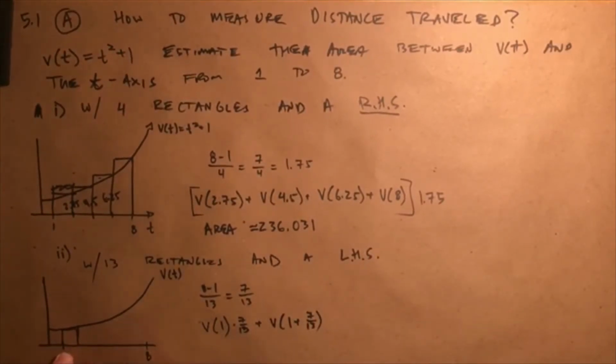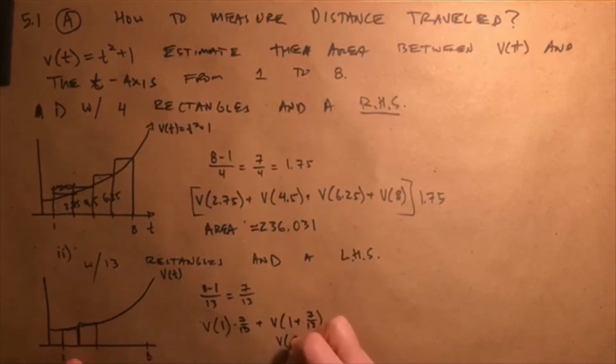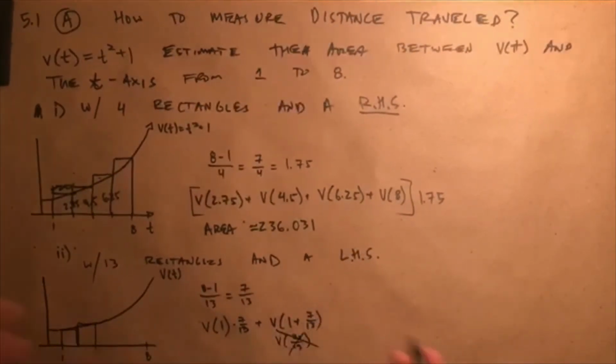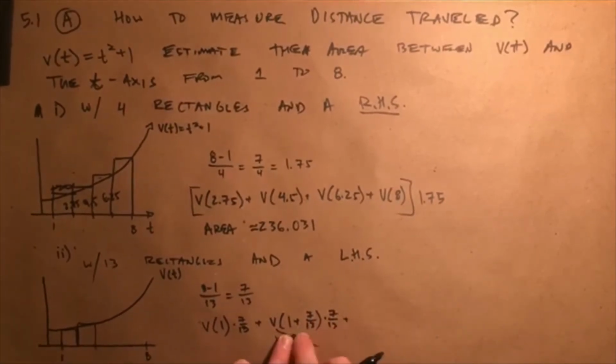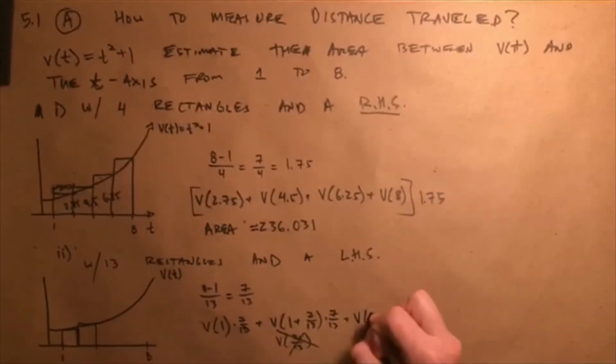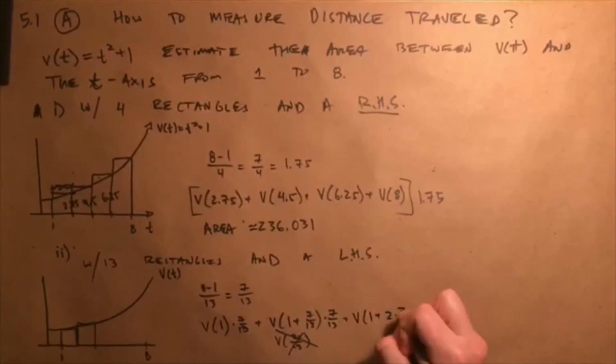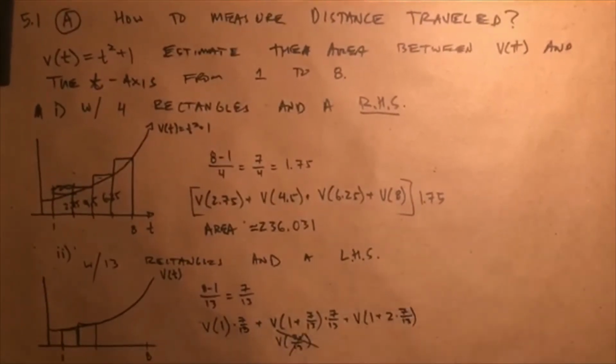That I've gone 7/13 down the road, and there we are. And that number is going to be v of 20/13, but I don't even care about that. I'm just going to say v of 1 plus 7/13 is my next height times 7/13, which is my width. And then the next one will be 7/13 more than this, so I can say v of 1 plus 2 times 7/13.